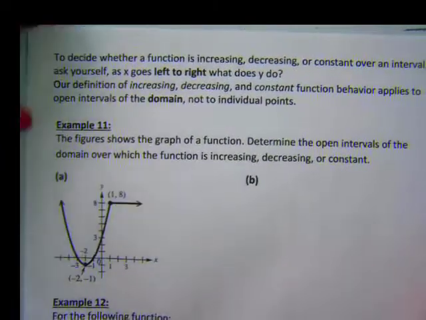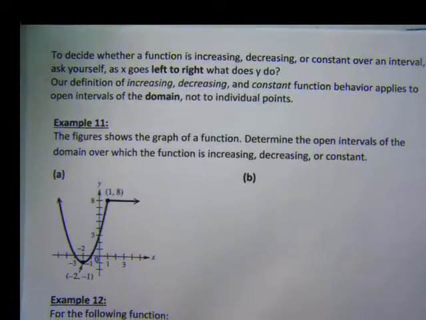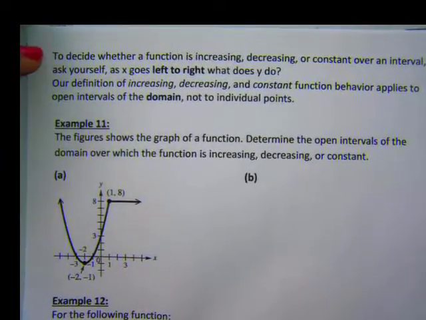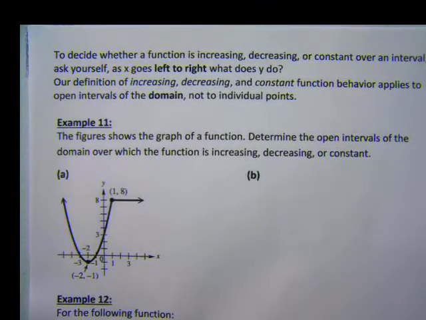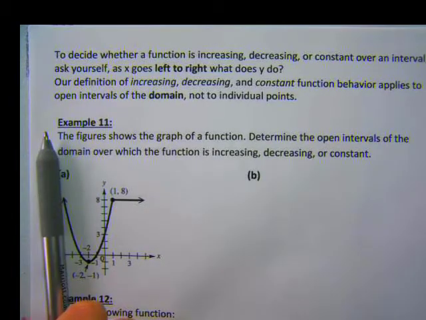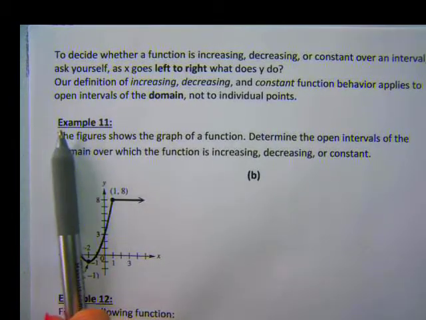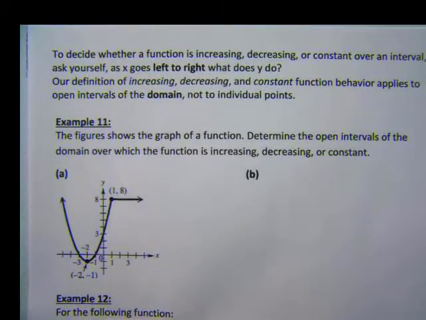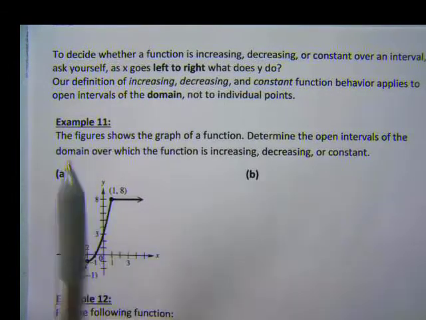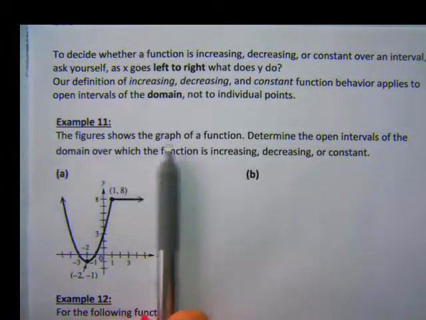To decide, the most important thing is to remember, guys, that you have to look at functions from left to right. If you remember what we talked about, the scanner for domain and range, this is exactly like the scanner for the domain. So let's do the following, left to right.